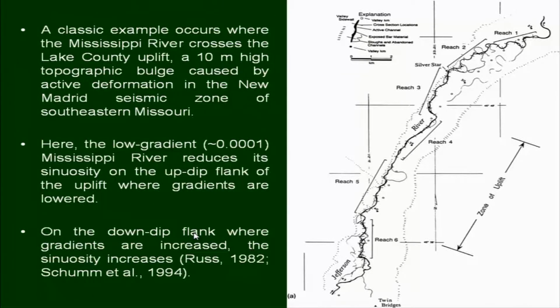On the down-dip flank, where the gradient is increased, the sinuosity increases. You have to keep this in mind, and in one of the previous slides we also gave a cartoon showing that if you lower the gradient, the sinuosity reduces, and if you increase the gradient, the sinuosity increases. So this point is extremely important.